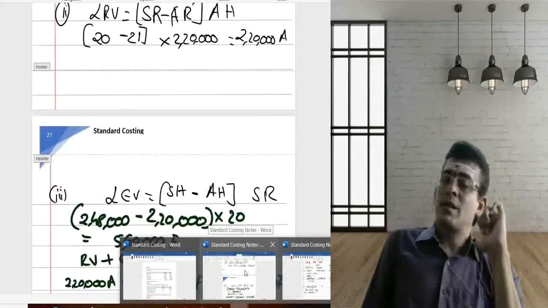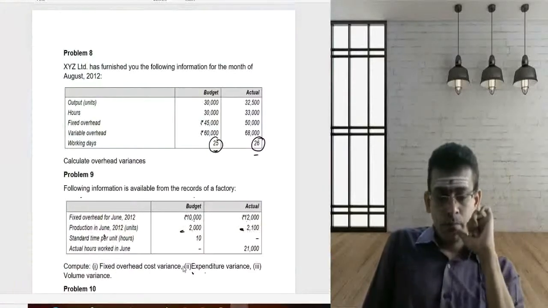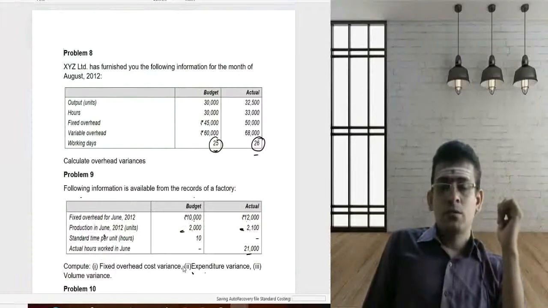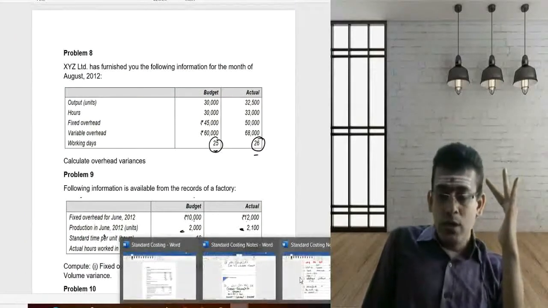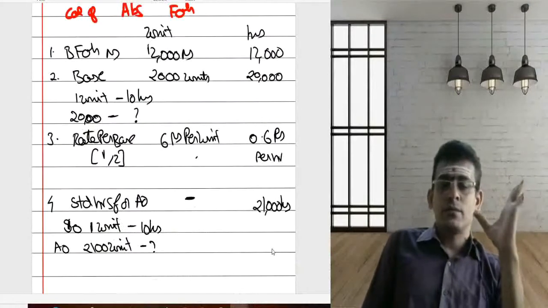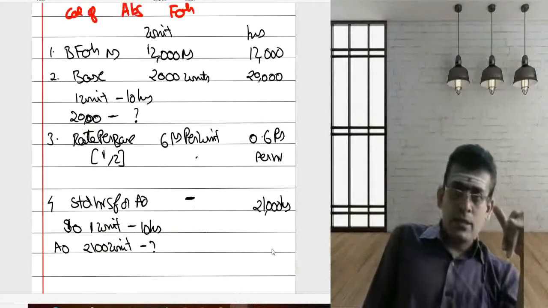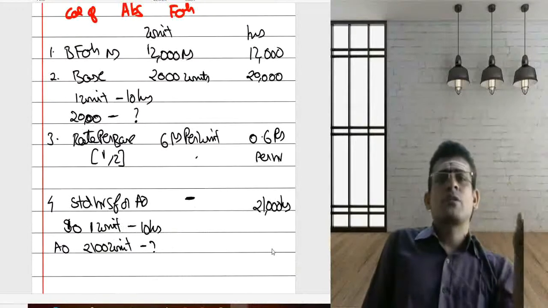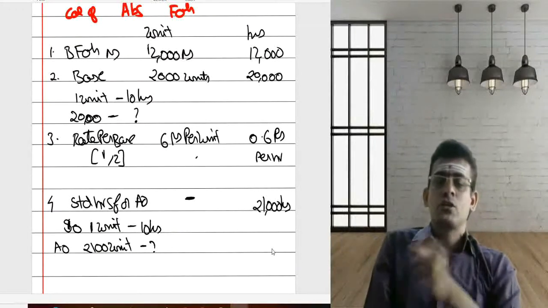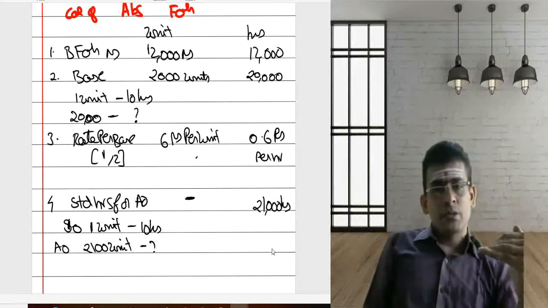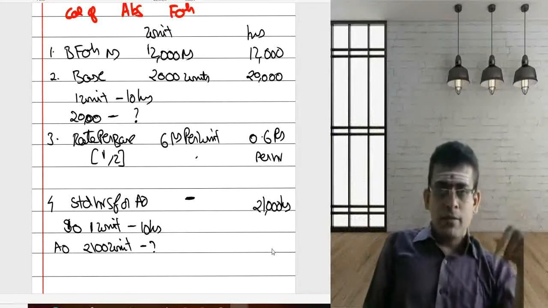Now you see how many actual hours you had used. You had used 21,000. You are supposed to do the task in 21,000, and you are doing the task in 21,000. So what is your efficiency? You are not over efficient, you are not under efficient. The given time is 3 hours, and you are writing your exam in 3 hours.